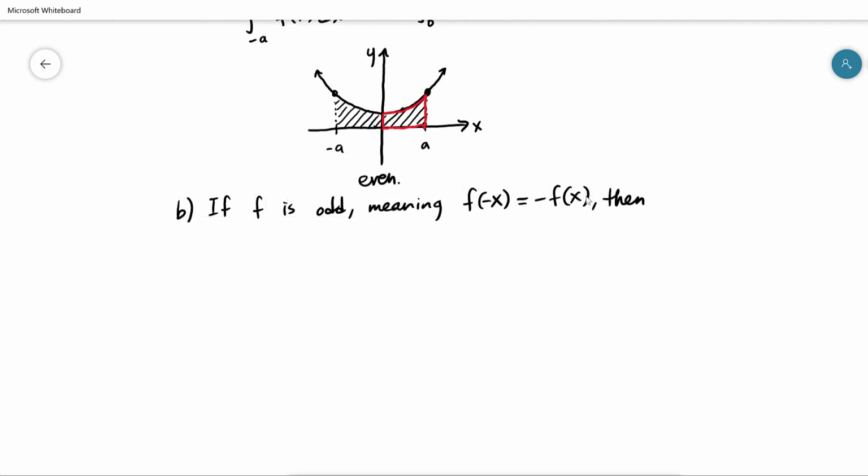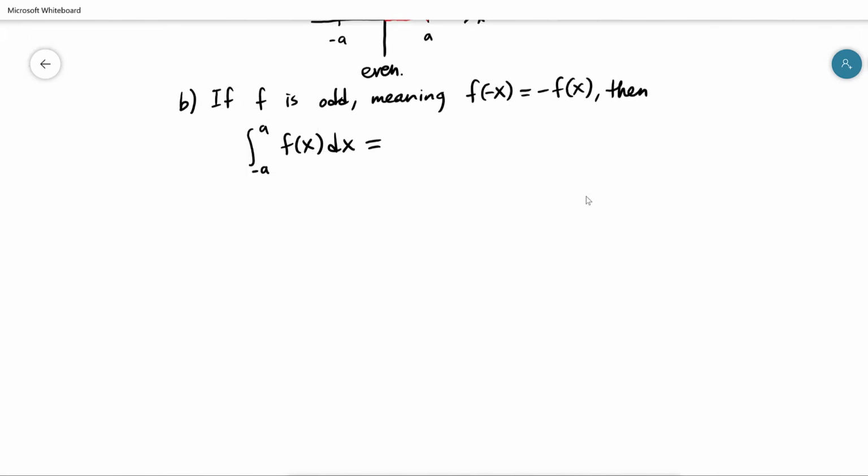Well, in this case, if I take an integral from negative a to a of my f of x dx, and I want to know what it's equal to, it's going to be easy as well if we just draw our picture. So here's our picture, x and y, and let me give you an example of an odd function.